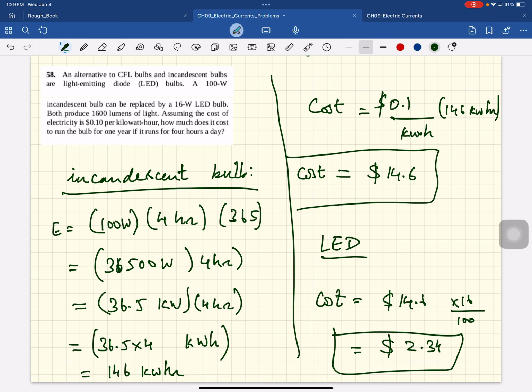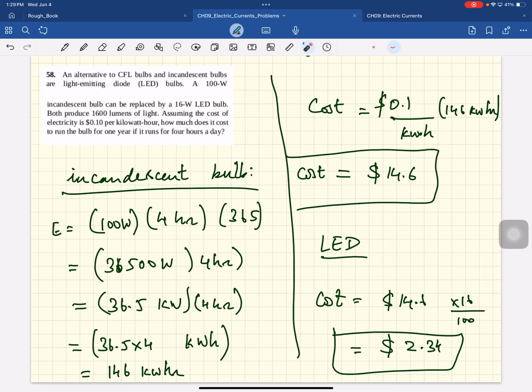So you can see that if the LED bulb costs even $12, it's worth buying it. So that's the kind of calculations that would go in there. That's only for 4 hours a day.